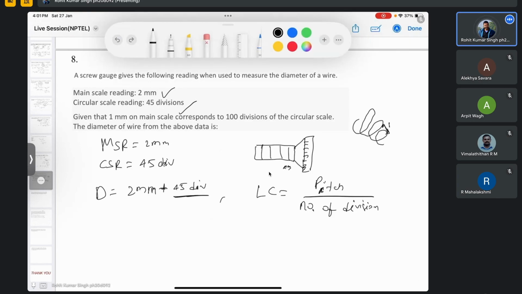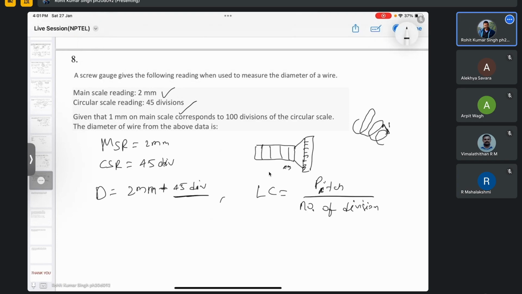In that way you can understand what pitch is. When you rotate this screw gauge over a full rotation, whatever distance is moved on the linear scale, that is the pitch. And it is given here that 1 mm is the pitch for a full rotation on the circular scale.